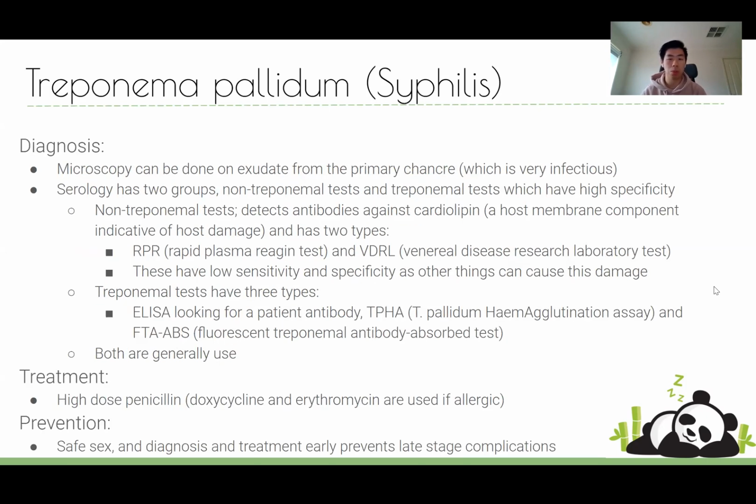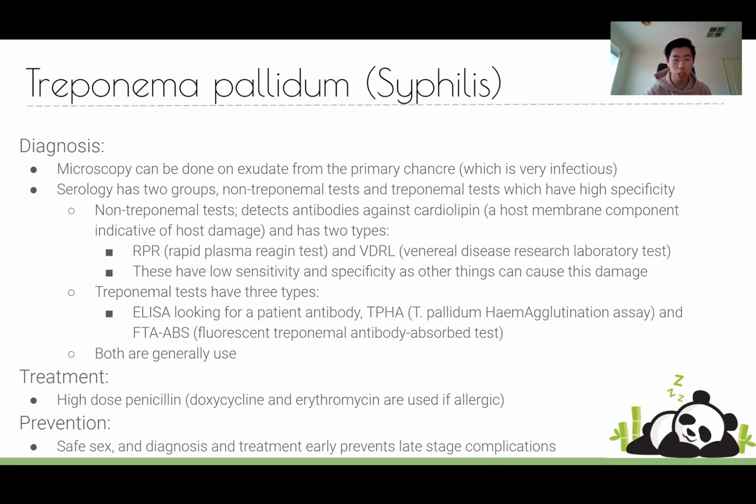Diagnostics, there are 2 sort of tests. There's a non-treponemal test and treponemal tests. The difference is that non-treponemal tests don't look directly for syphilis, whereas treponemal tests will. There are a couple of types. So the rapid plasma reagin test and the venereal disease research laboratory test, just words, and the treponemal test, which is the ELISA, and the TPHA and the FTA antibody tests.